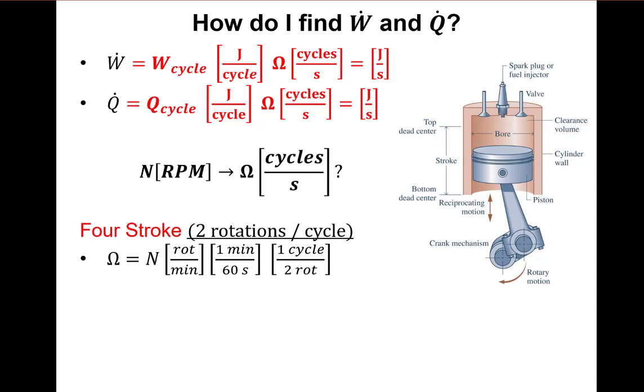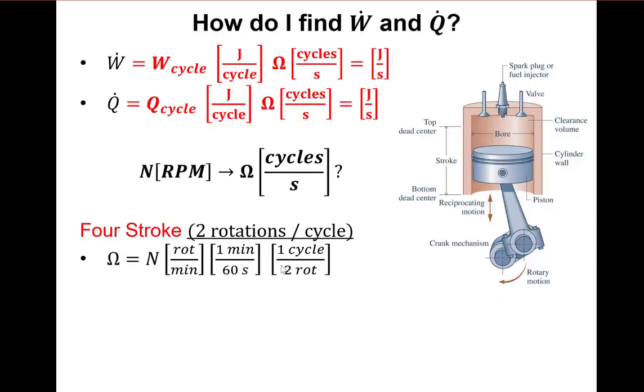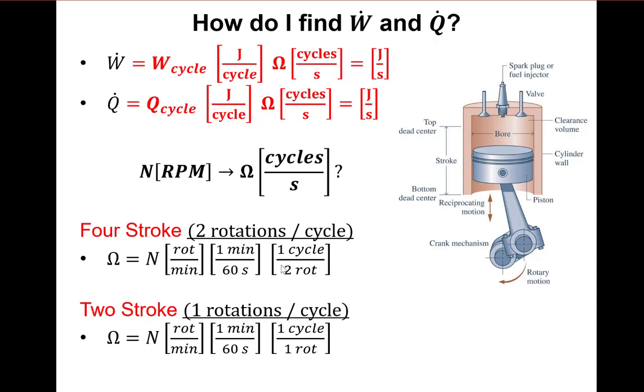So for a 4-stroke engine, you have to take your rotations per minute and divide by 2 to get cycles per minute. And then you have to convert minutes to seconds. But in a 2-stroke engine, 1 rotation is 2 strokes, and if you only need 2 strokes to do the whole cycle, then your 2-stroke engine does 1 cycle in 1 rotation, because every rotation still gives you 2 strokes.